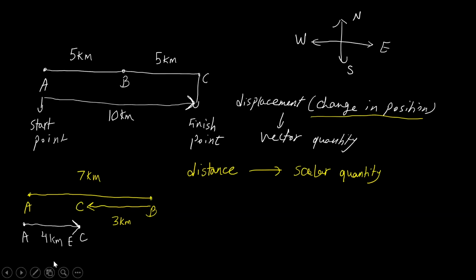So adding or subtracting vector quantities is totally different from adding or subtracting scalar quantities. And we usually consider one direction as positive and the other one as negative to help us do the calculation. Let's look at a PhET simulation to help us understand better.